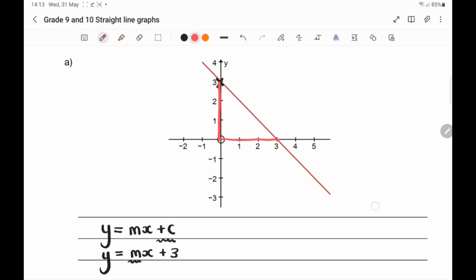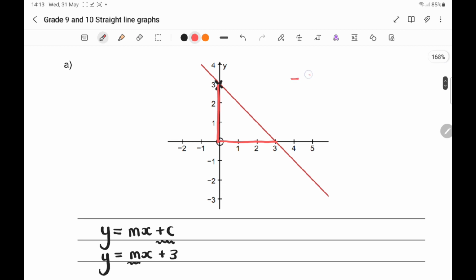So if it is a negative gradient, it will be equal to how many times did I sink over how many times did I have to swim. So I had to sink 1, 2, 3 units, and I swam 1, 2, 3 units. And what is 3 over 3?